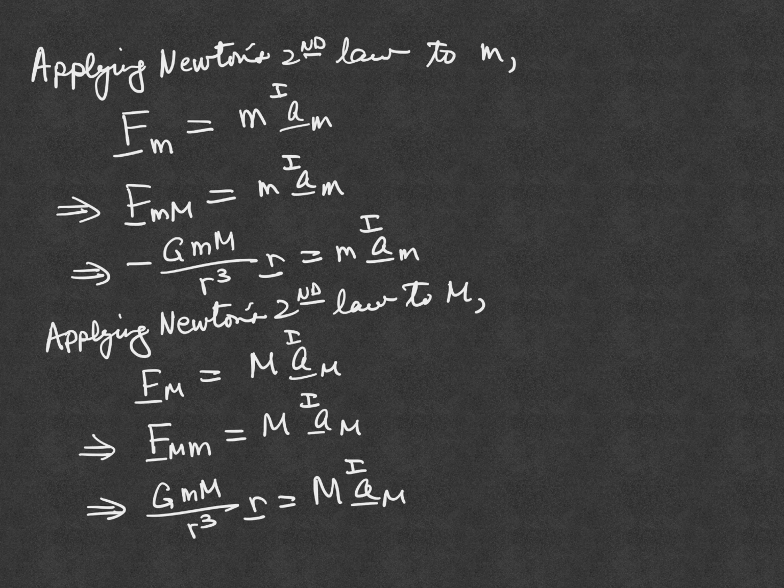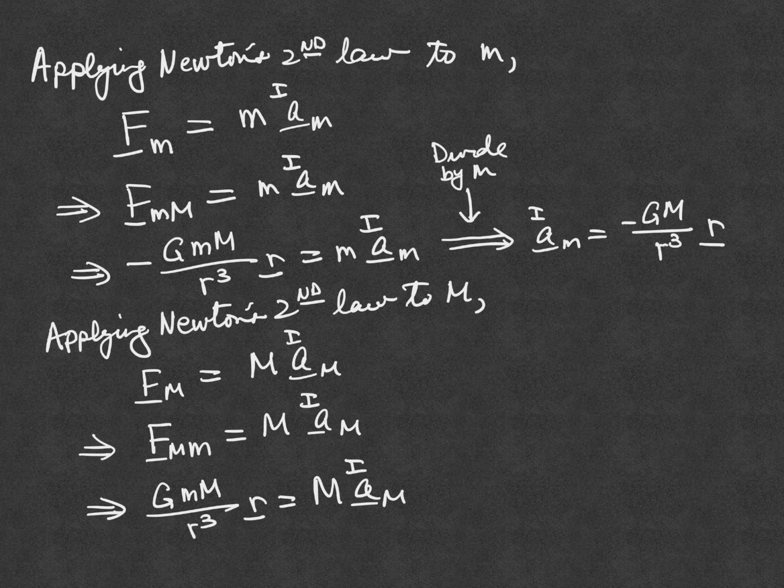So first, suppose I take this first equation and I divide by little m. What do I get? Well, I get the acceleration of little m in I is equal to minus G times big M all divided by r cubed times r.